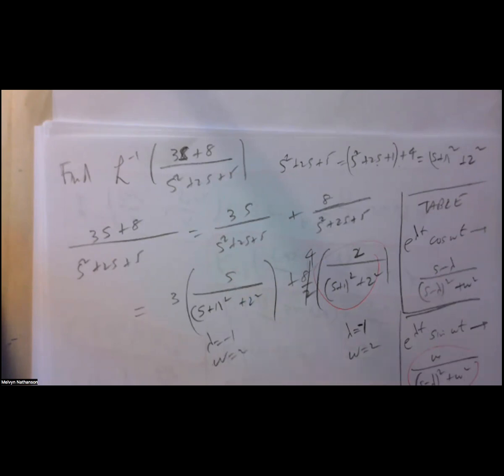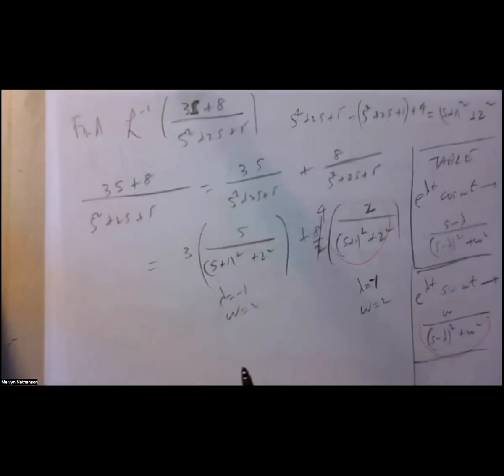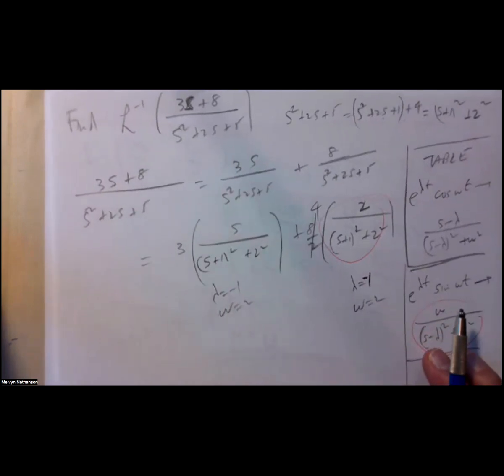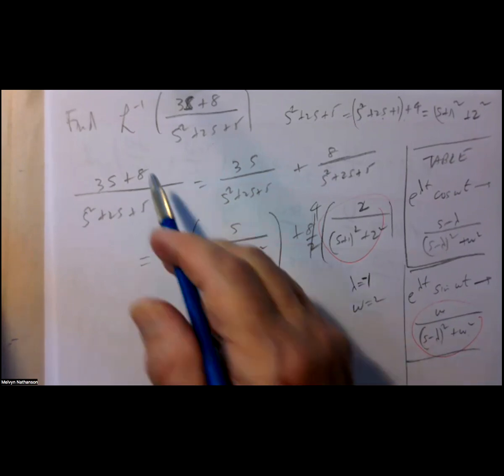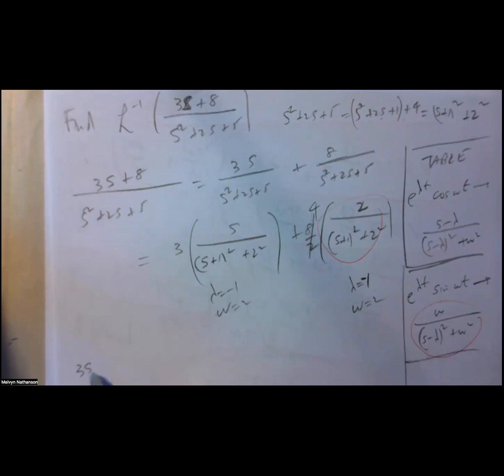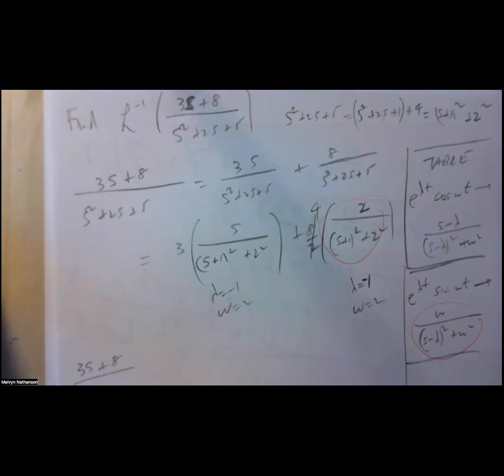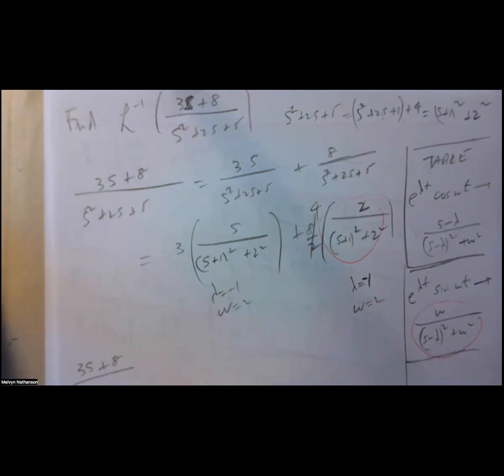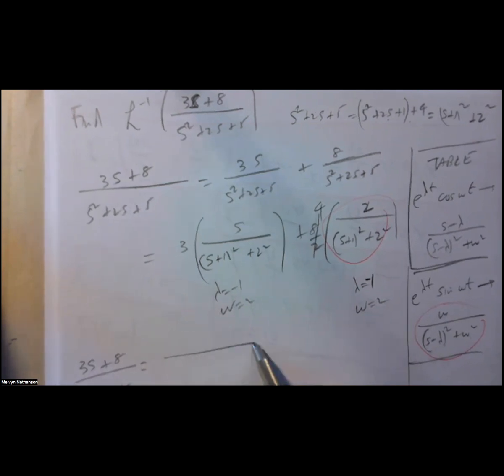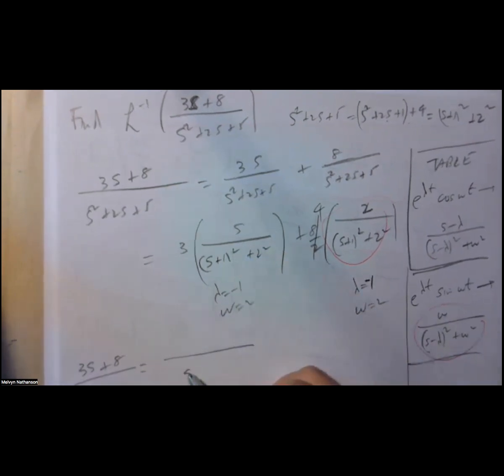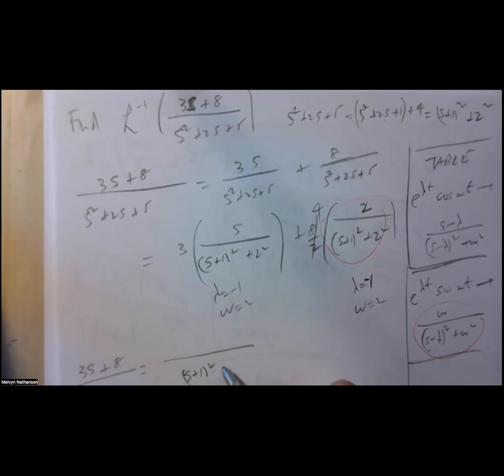So I'm going to do something a little bit, not sneaky, but it's what you have to do to survive. So let me just write this down again: 3s plus 8 over s squared plus 2s plus 5. This is going to be a fraction over s plus 1 squared plus 2 squared.